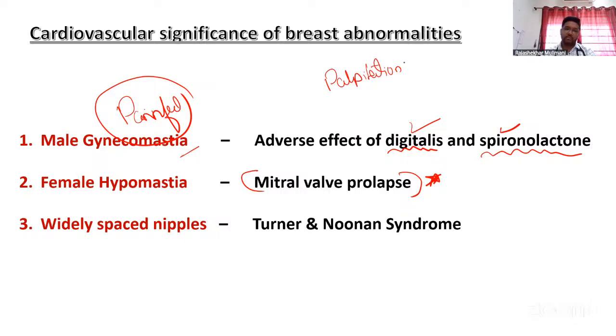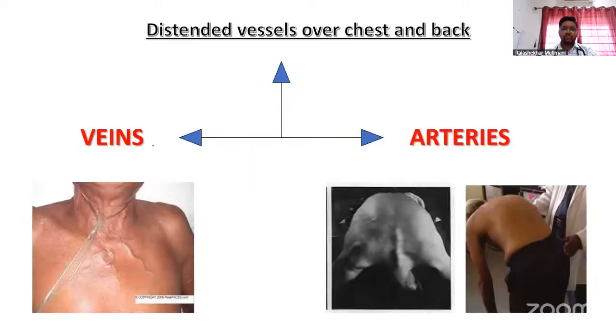Even the echo sometimes misses mitral valve prolapse, but you need to have a high level of suspicion to diagnose it. And as I said, the widely spaced nipples with an increased interareolar distance is a feature of Turner syndrome.